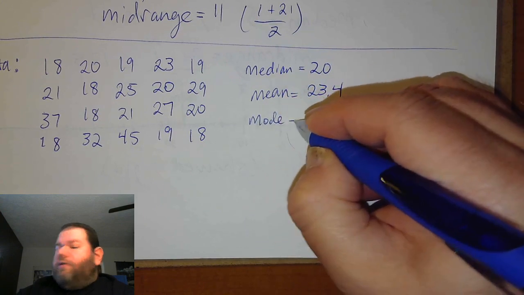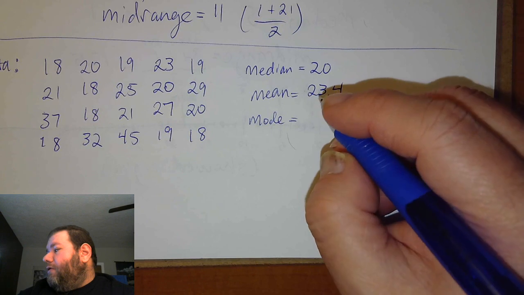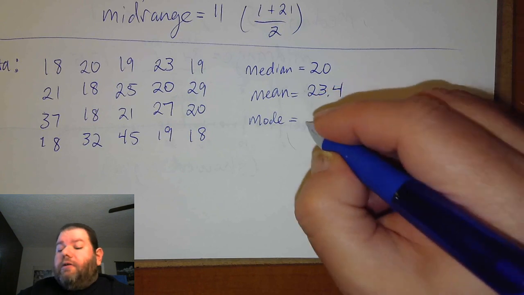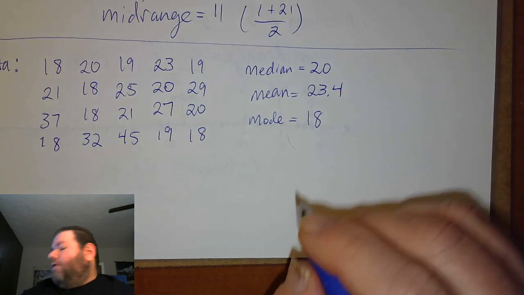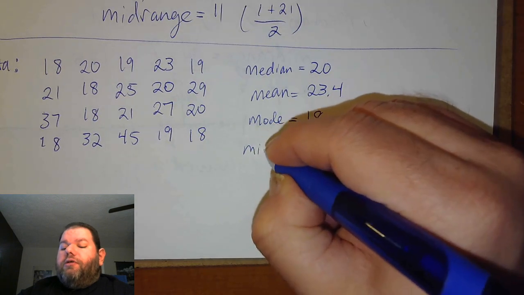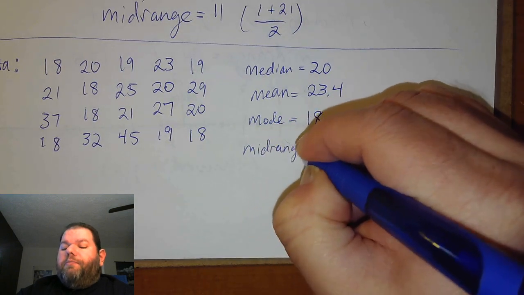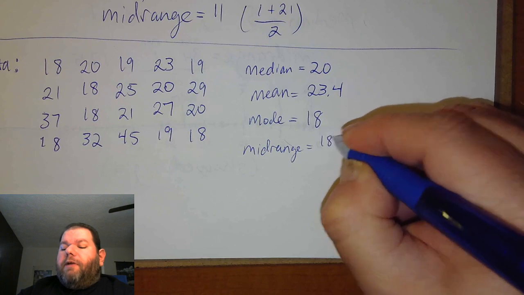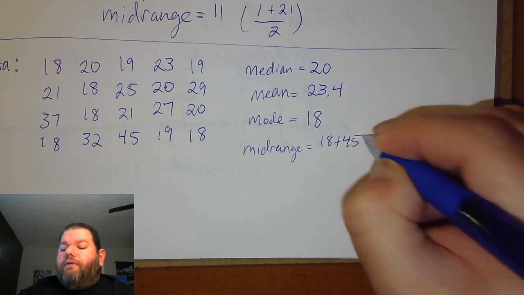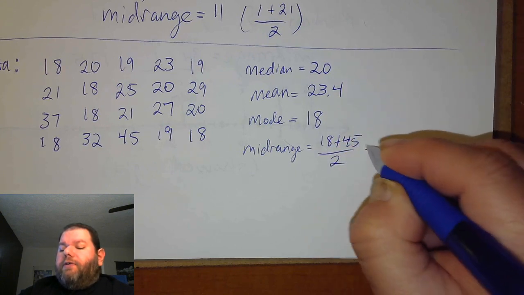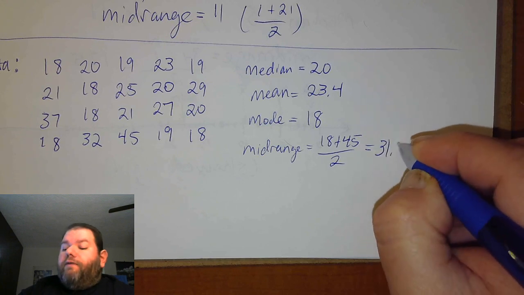But the mode is, we said 18. Good. And the mid-range, because we know the minimum and the maximum values are 18 and 45, we add those together, divide by 2, so 31.5. Good.